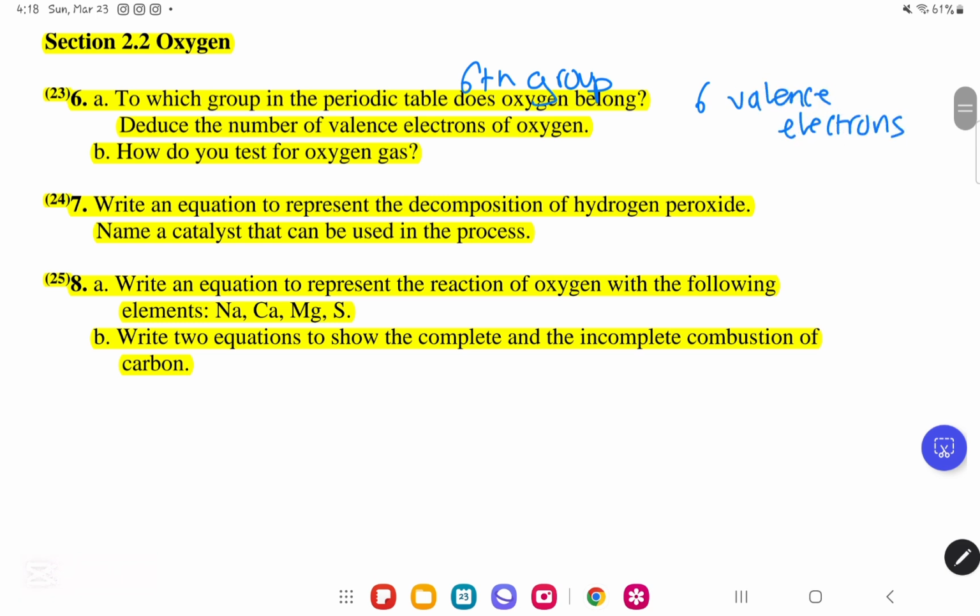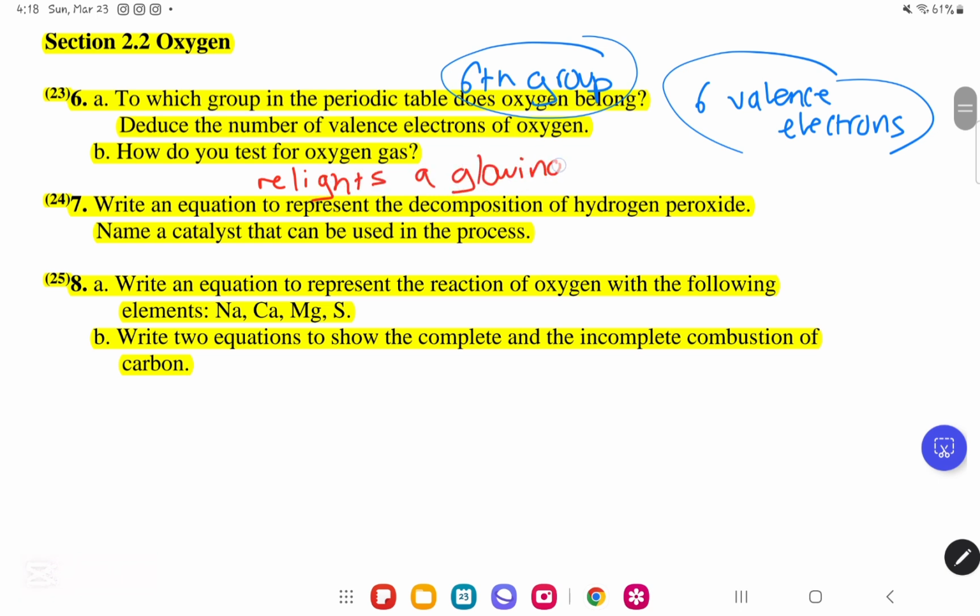Now, deduce the number of valence electrons of oxygen. We just said it's the 6th group, it has 6 valence electrons. Now, how do you test for oxygen gas? You should know that oxygen gas relights a glowing splint. So whenever you have oxygen gas and you want to test for its presence, you bring a glowing splint, and if it relights, that means it is oxygen.